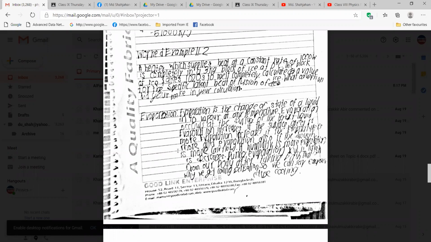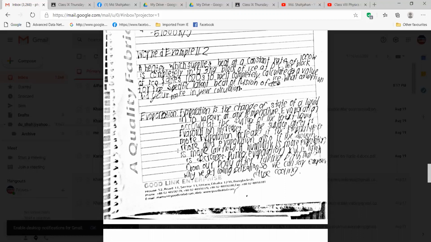Evaporation occurs at the surface of the liquid. Evaporation increases if the surface area is more. Evaporation increases if the temperature is more, and if the draft is more. Airflow is draft. If humidity is more, evaporation decreases.